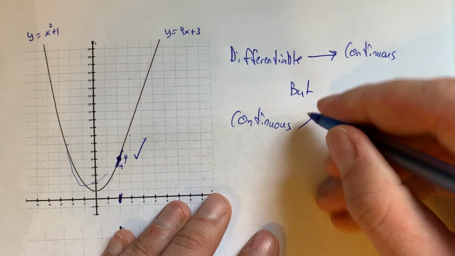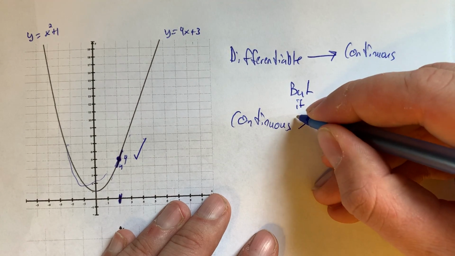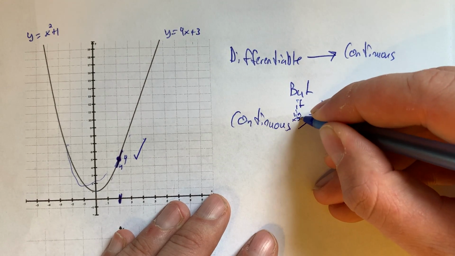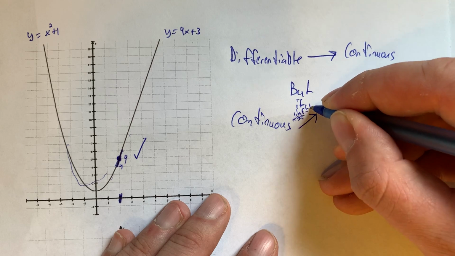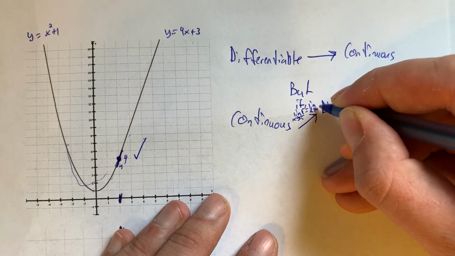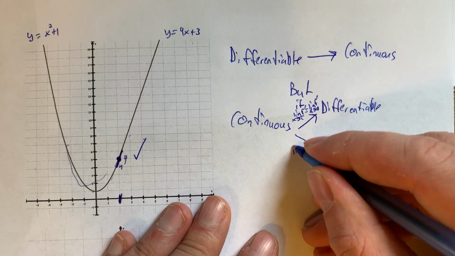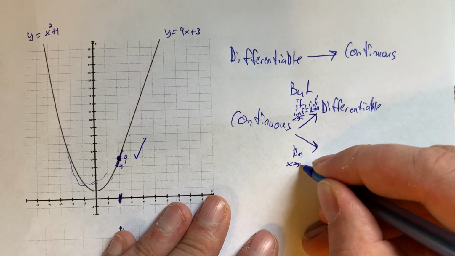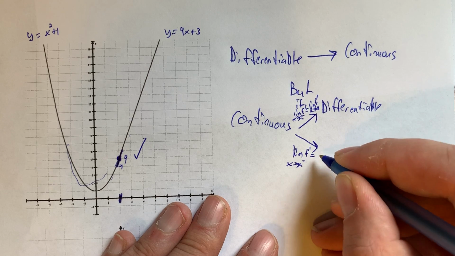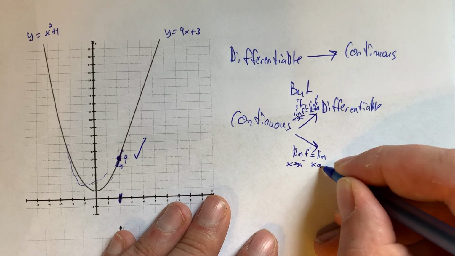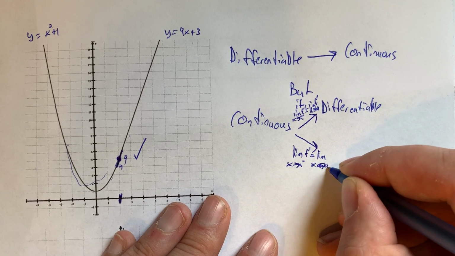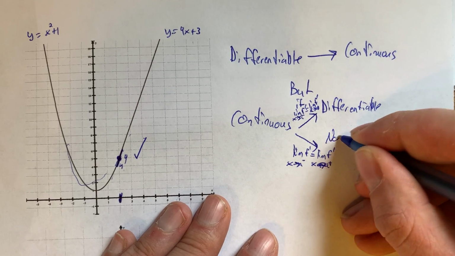If a function is continuous, it's differentiable if the limit as x approaches a from the left of the derivative is equal to the limit as x approaches a from the right of the derivative. It's got to have that additional thing. If the limit as x approaches a from the left of the derivative does not equal the limit as x approaches a from the right of the derivative, then it's not differentiable.